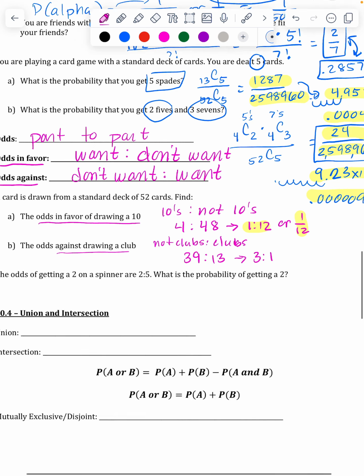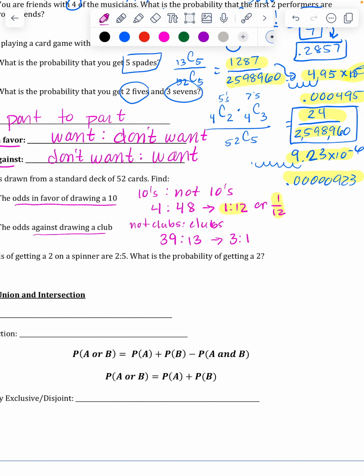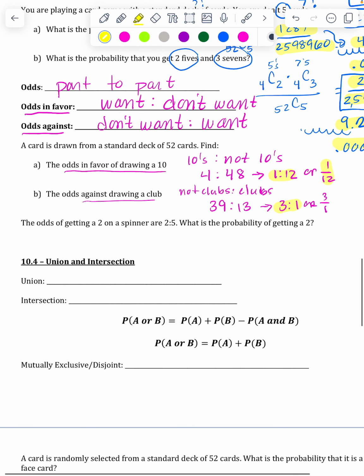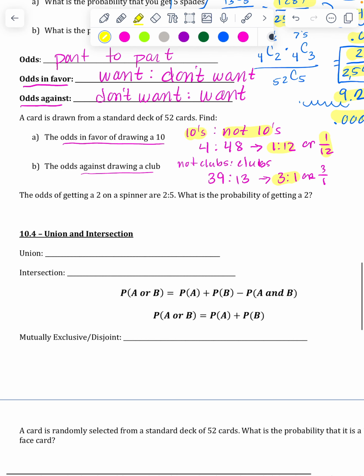So the odds against drawing a club are 3 to 1, or you could write it as 3 over 1, whatever makes sense. I honestly like to write probability as a fraction and odds as a ratio with the colon, because it makes more sense. Like the odds are 3 to 1. You're 3 times more likely to get something that's not a club than one that is. And up here, you're 12 times more likely to get something that's not a 10 than to actually get a 10.